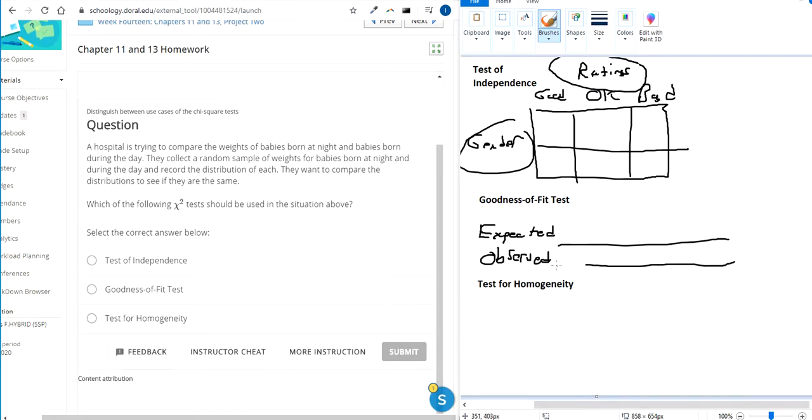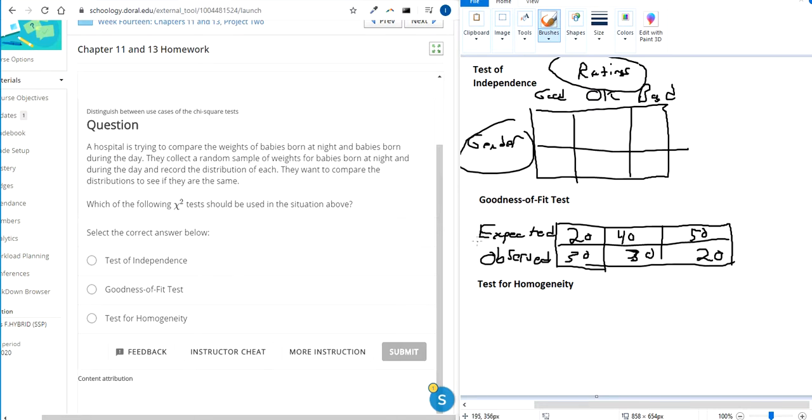That might make it confusing with the test of independence, but just remember, the difference is the goodness of fit test is comparing some expected amount to some observed amount. So maybe, based on some previous theory, you expect to have 20 of some variable one day, 40 of them another day, and then I'm just keeping it simple here. We actually get 30 one day, 30 another day, and 20 on the third day.